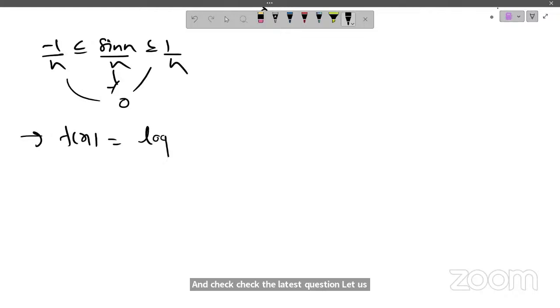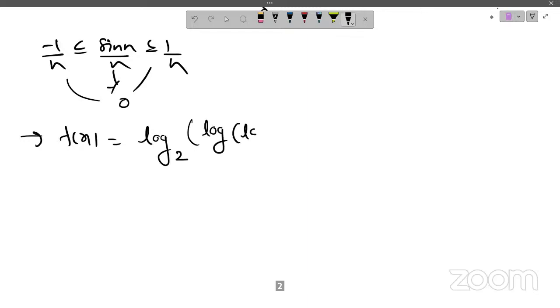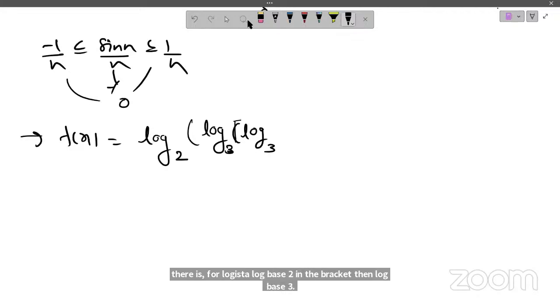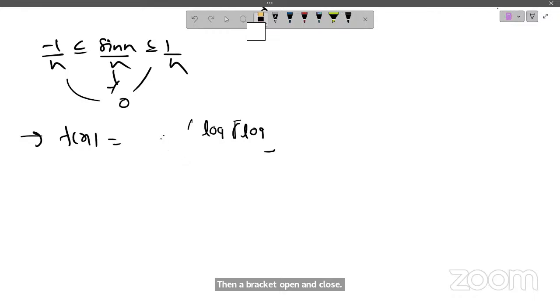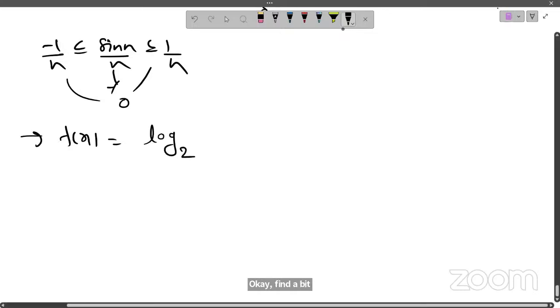F of x is equal to log base 2, in the bracket log base 3 of x.